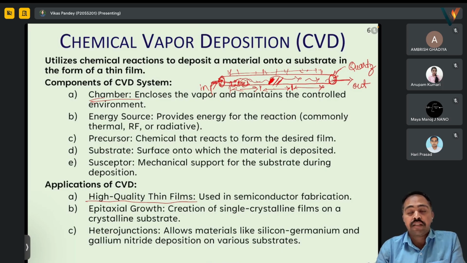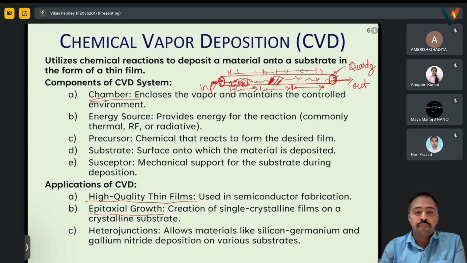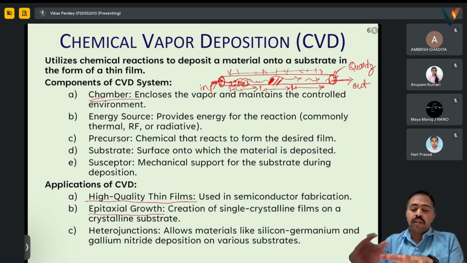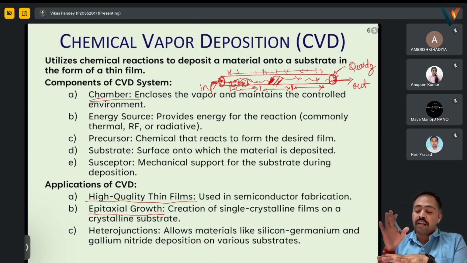Second is epitaxial growth. This is a very important application, and this is something that will grow further in subsequent years. Whatever wafer we have, we want another material to have the same crystallinity as the one below.